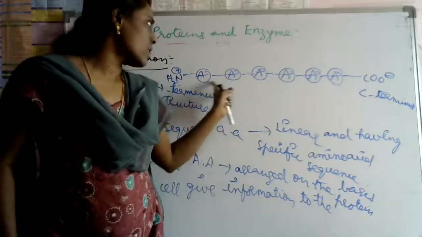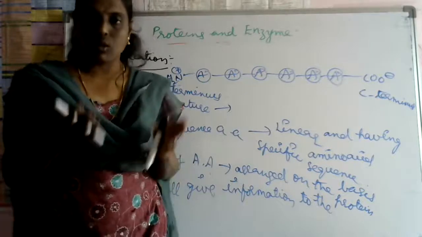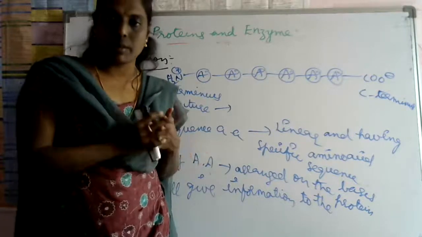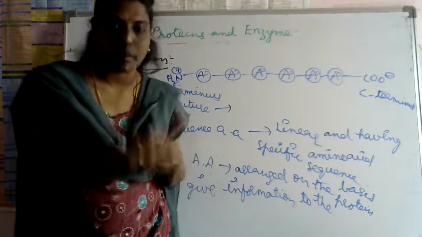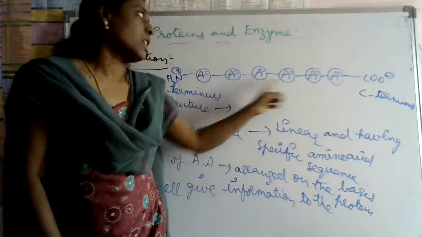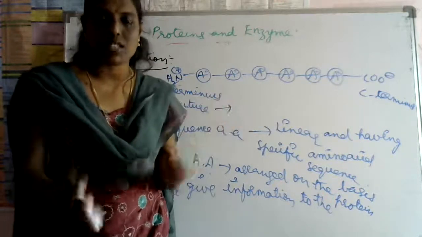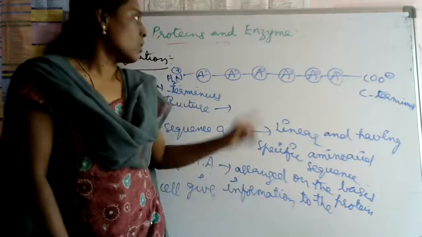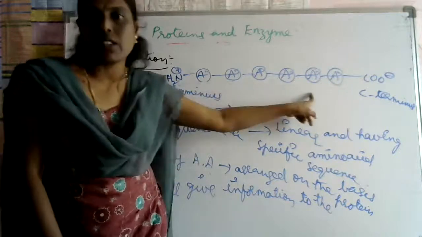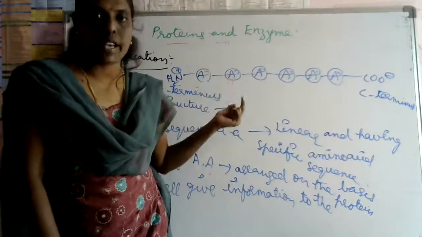So these are nothing but amino acids. There are specific amino acids for particular proteins or polypeptide chains, but here we are not mentioning which amino acid it is. I am just explaining what the primary structure is and how it is present. It is a linear chain having specific amino acids.